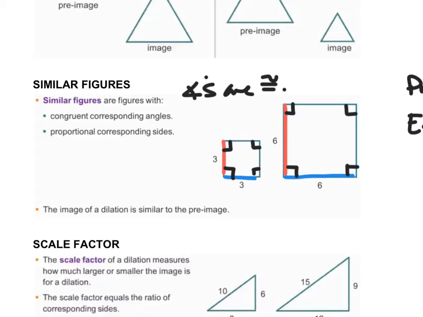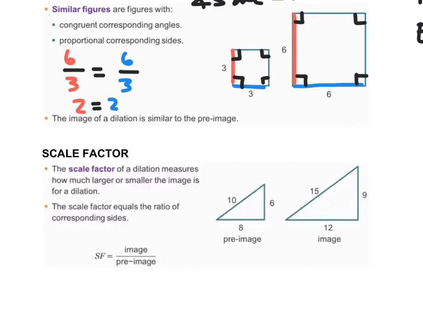So if I take 6 and divide that number by 3, that's going to be equivalent to taking 6 divided by 3 on that one. So my corresponding sides, 6 divided by 3, is equivalent to this 6 divided by 3, okay? And we know that 6 divided by 3 is going to give me 2, and 2 is equivalent to 2, okay? And so doing that is going to tell me what my scale factor is, okay?